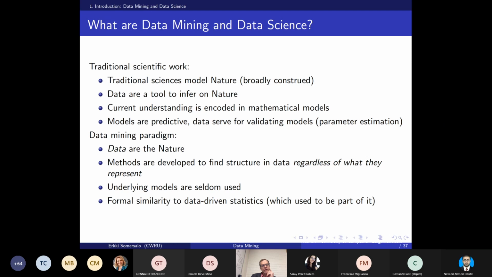The traditional approach in quantitative research in science is to try to build models, and using those models, you try to infer on nature. So you are trying to extract information on nature, and the current understanding is then encoded in mathematical models.